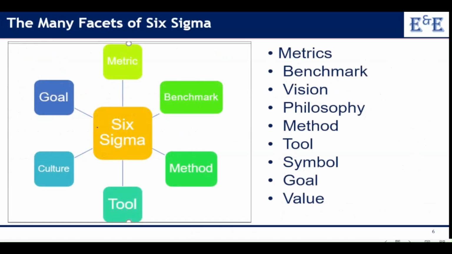Now, many facets: a metric, a benchmark, a vision, a philosophy, a method, a tool, a symbol, a goal, a value. So you can have any facet. Six Sigma is a goal, that is 3.4. A metric: the organization can define its own goal. Okay, this year I'm going to have 4 Sigma output.